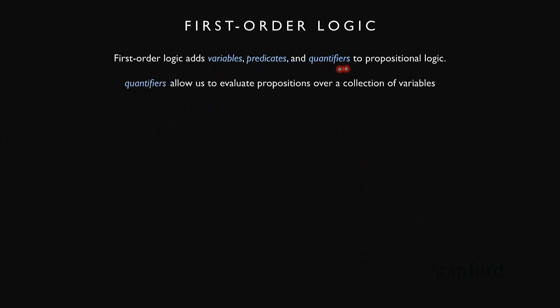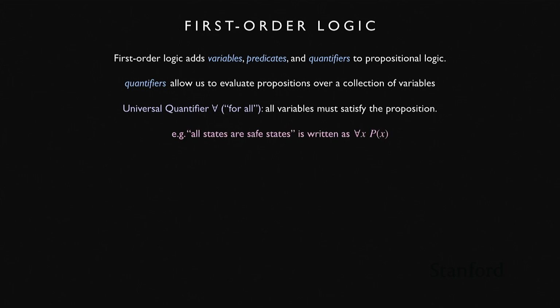Okay, then there's this last thing for first order logic called quantifiers, which allow us to evaluate propositions or these predicates over a collection of variables. There's different types of quantifiers. One is the universal quantifier, which looks like this upside down A here, and you can think of it as saying "for all."